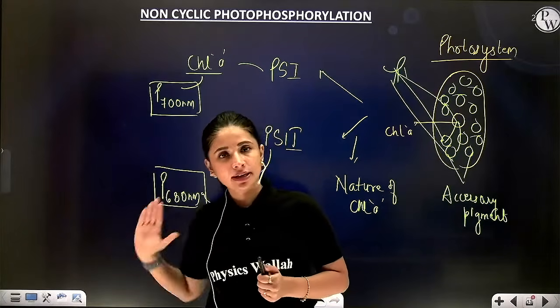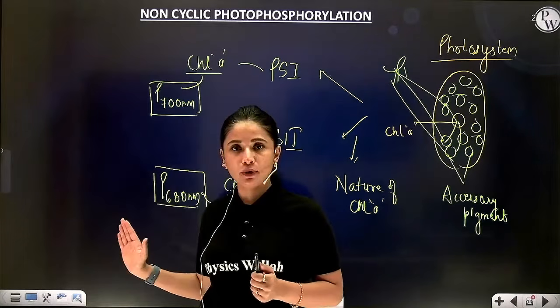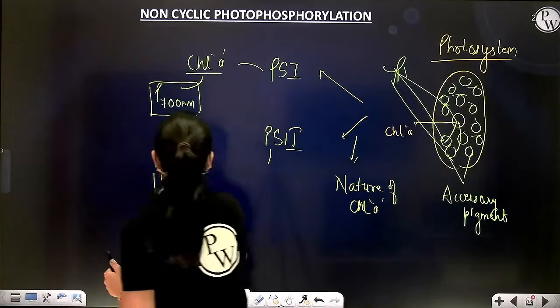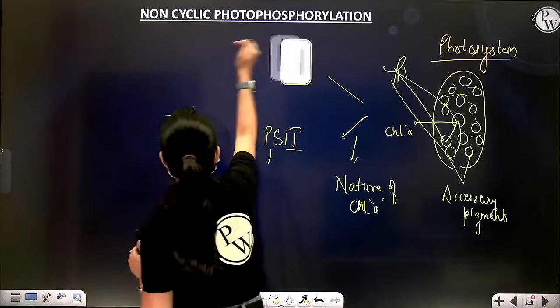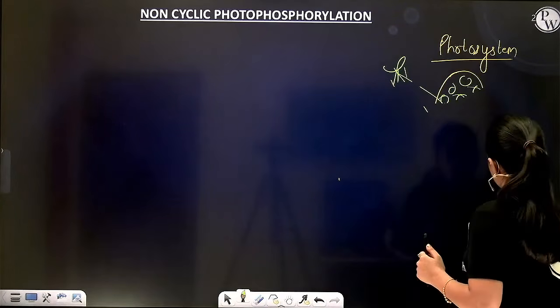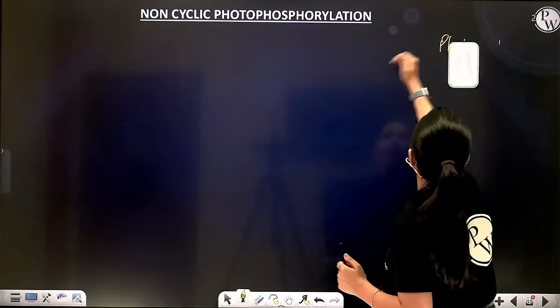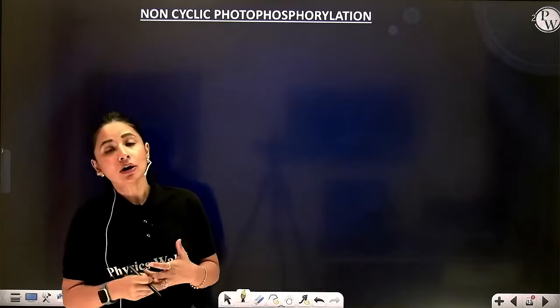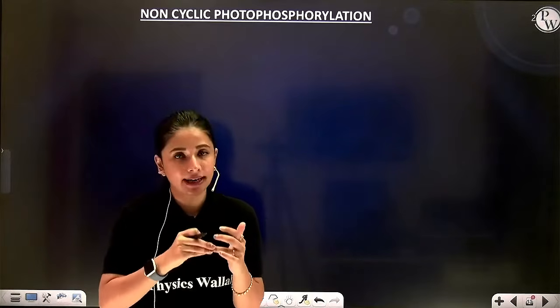Correct? So now let's try to reproduce whatever I have said right now on the board. So for this, first of all, I'll clear my screen. Right? Okay. Chalo. Now let's try to understand the mechanism of non-cyclic photophosphorylation.